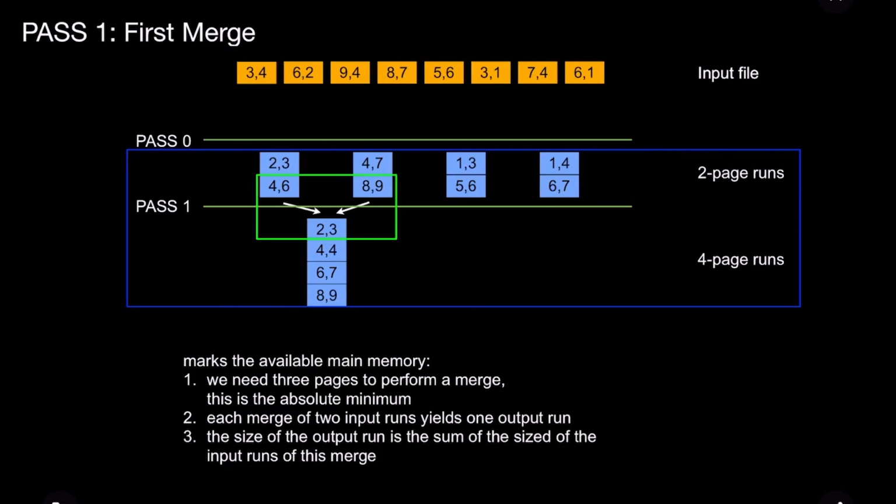Yeah, so now we merge these 2 input streams into one output stream, and you do the same thing. Yeah, just that you have one input page for each input run, and one page for the output run.